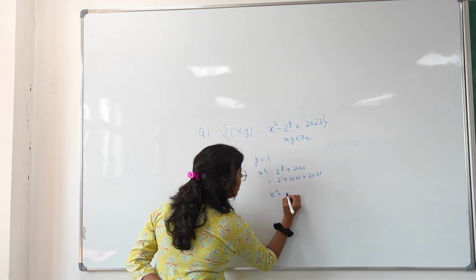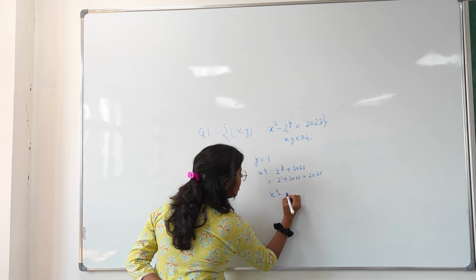Now we will check for y equal to 2, 3 and so on. Checking y equal to 2, 3, 4 will be more tough, so we will see the trick to solve this example. We have x square is equal to 2 power y plus 2023, and we look at y greater than or equal to 2.